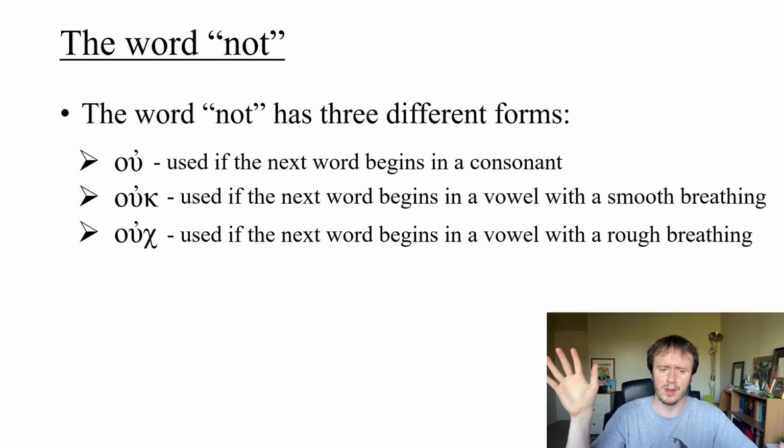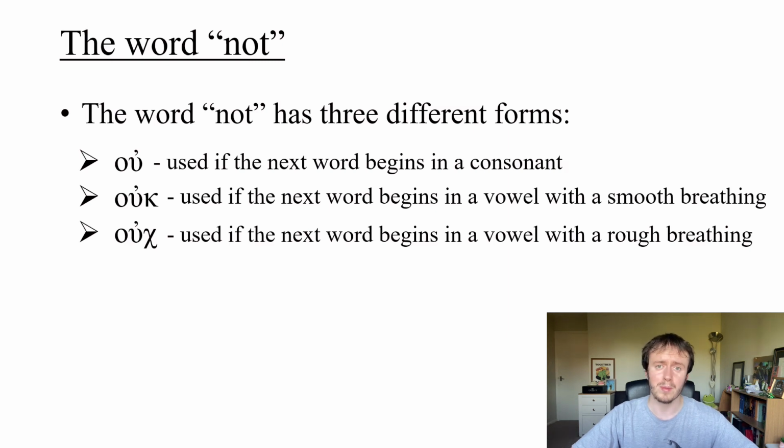Anyway, you might still wonder, why does this rule exist? Why are there three different forms of ou that are used in these different situations? And the most straightforward answer to that is because the language sounds nicer and is easier to pronounce this way. Because if you only had the basic form, ou, then you would end up with ou going directly next to a word that begins with a vowel or diphthong.